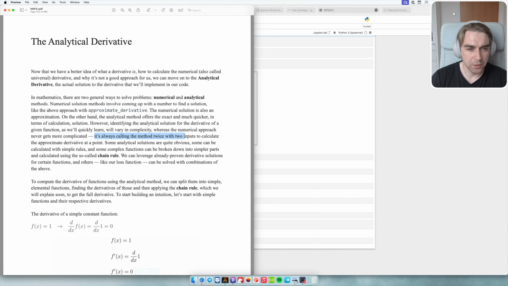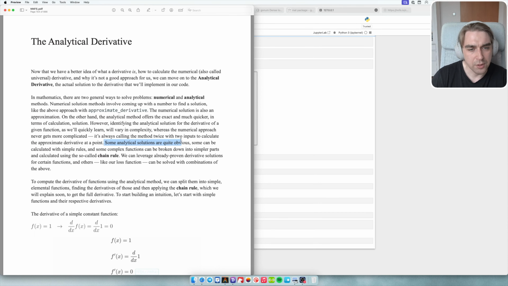It's always calling the method twice with 2 inputs to calculate the approximate derivative at the point. So I would assume in the numerical solution there is no complexity growth, whereas in analytical, it really depends on the function, but we'll see.